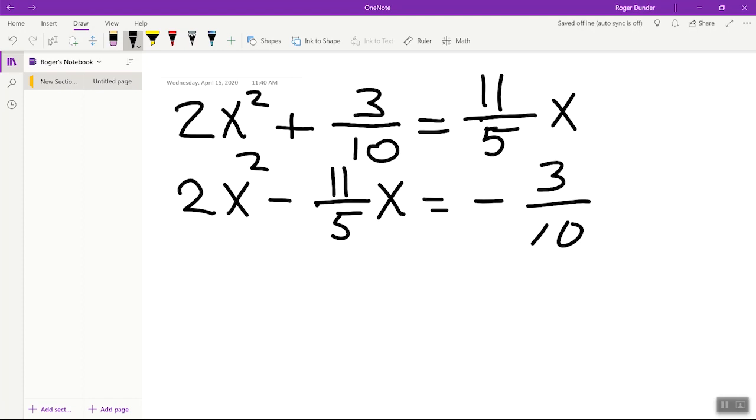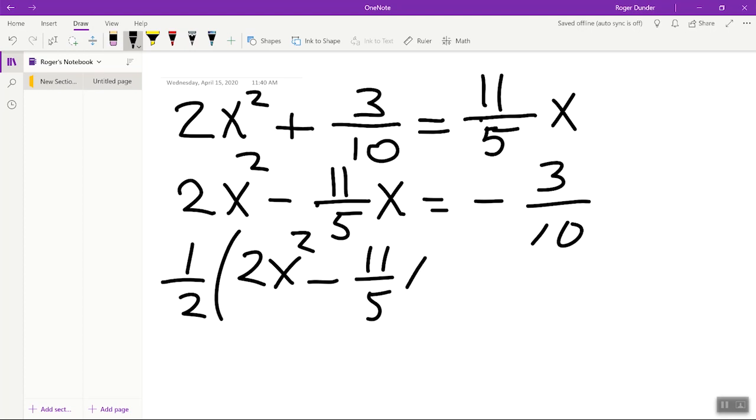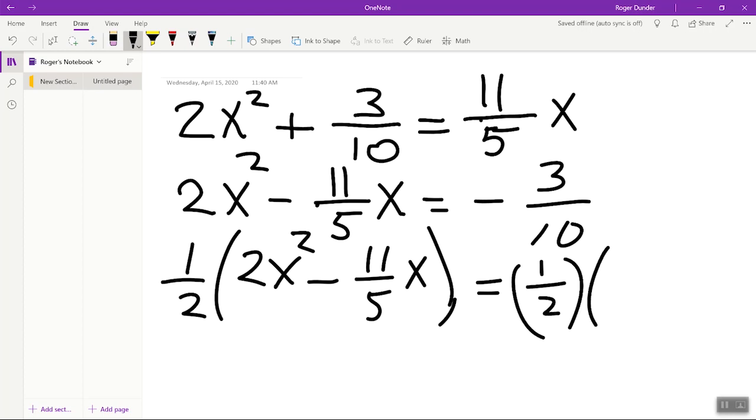So I'm going to multiply left and right by 1/2. I'm going to show this, even though I think you can follow, just to make sure that everybody's together. 11 over 5x, that's going to be multiplied by 1/2 as well. So this is going to be equal to 1/2 on the right times minus 3 over 10.